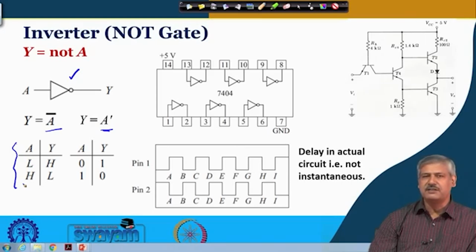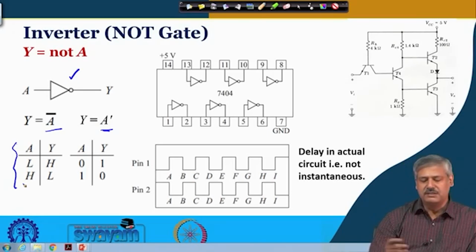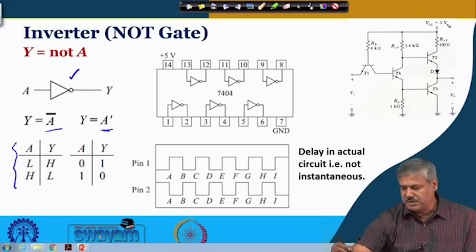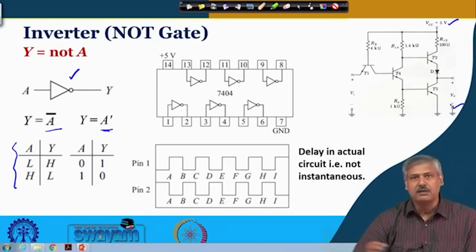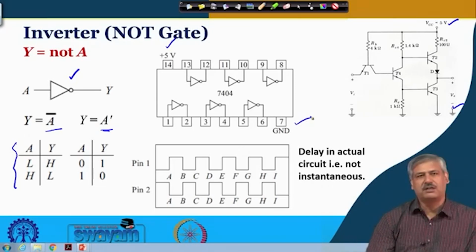IC 7404 has 6 NOT gates, and the input and output pins are connected like this. There is a VCC and a ground which is required as power supply. Over here you have seen this power supply. These power supplies are associated over here, and there are 6 such NOT gates inside it, okay.